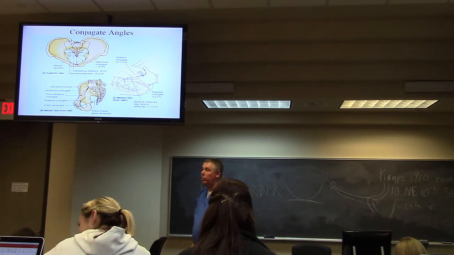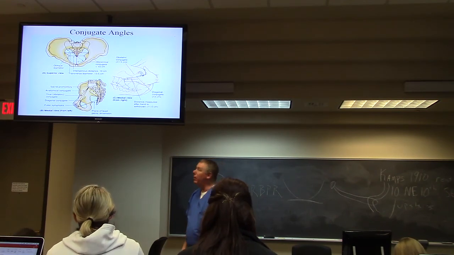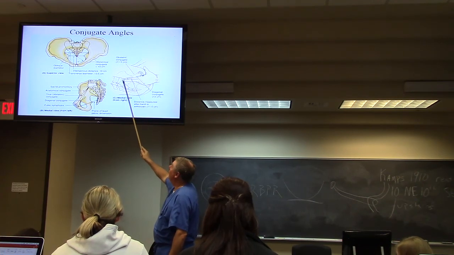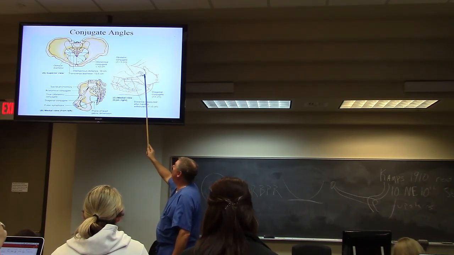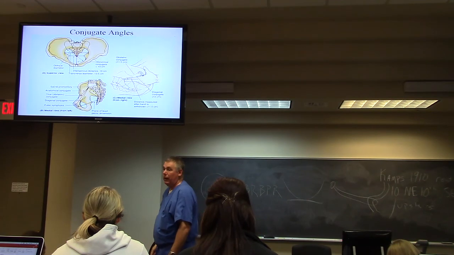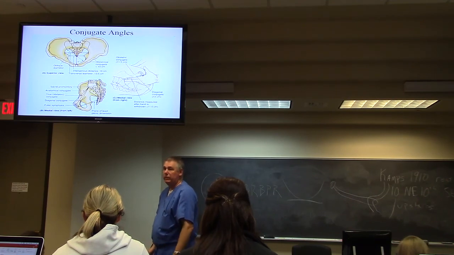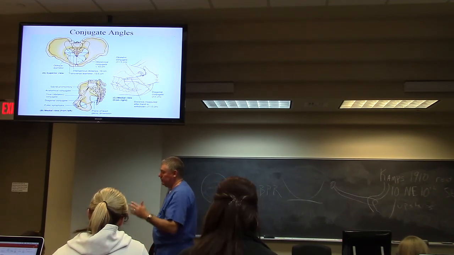So anyway, there are certain angles that you can measure. On a pelvic exam, as I mentioned earlier, you can feel this sacral promontory and get an estimate on the distance. If the pelvis is not wide enough, deep enough, then that's a reason for cesarean.